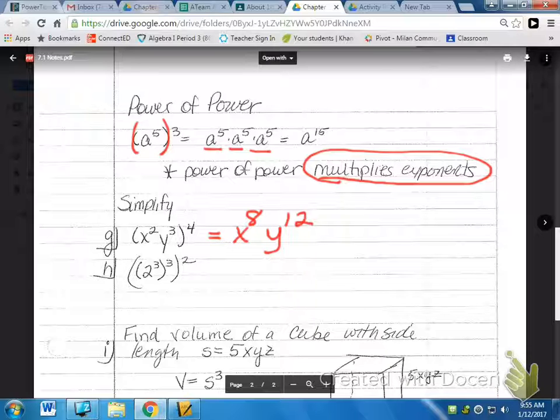Again, if there was a number in front, you would have to take that number to the 4th power. Don't leave it to that. So let's say it was 2x squared and we took it to the 4th power. You really would have to take 2 times 2 times 2 times 2. What is that? 16. Don't leave it 2 to the 4th power. Numbers you go ahead and multiply out, okay? And then x to the 8th. All right, just want to clarify that.